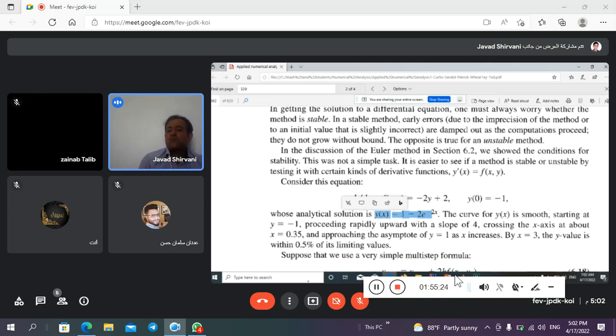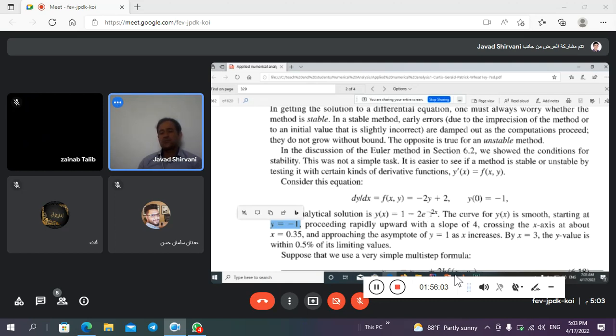The curve for y is smooth, which means it's differentiable for different orders. It starts at the initial value y equals -1 at the initial point and continues rapidly upward with a slope of 4, which is y prime equals 4 at the initial point.